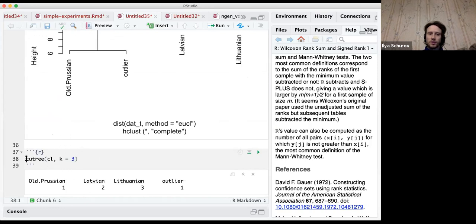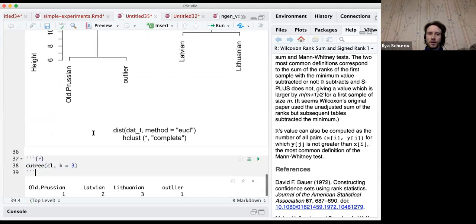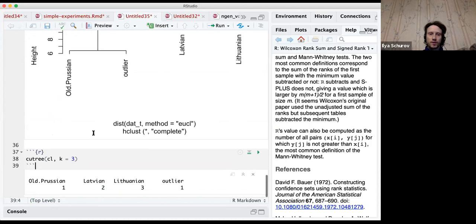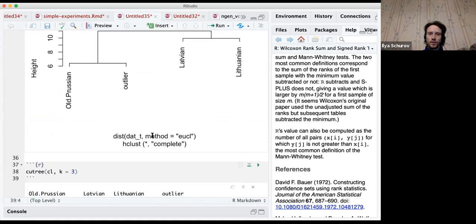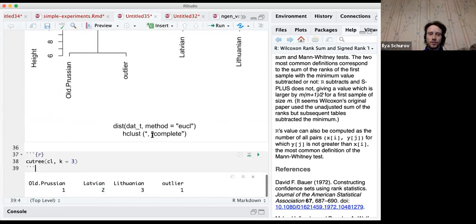For example, I cut this dendrogram now and ask for 3 clusters, and I get 3 clusters. In one cluster we have Old Prussian and the outlier, and we also have distinct clusters for Latvian and Lithuanian.